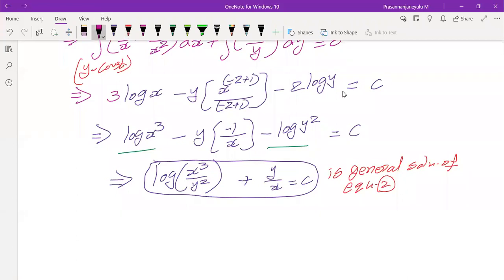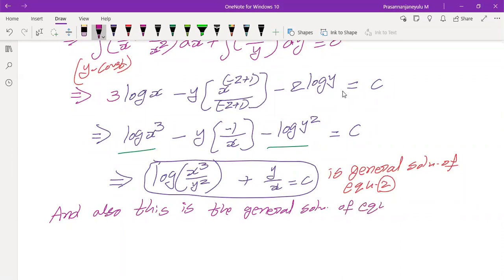Same. And also this is the general solution of equation number 1, nothing but the given differential equation.